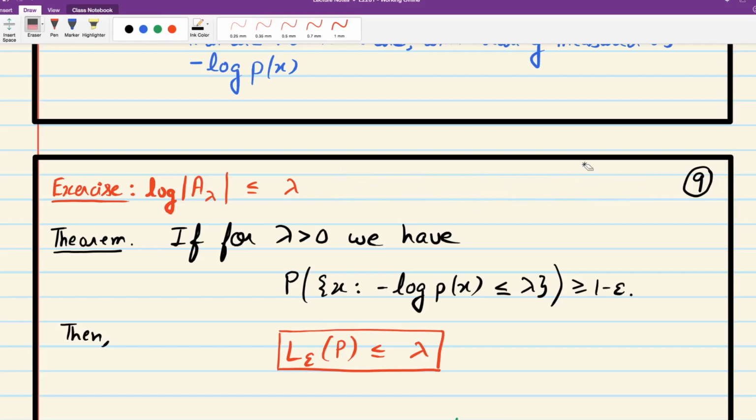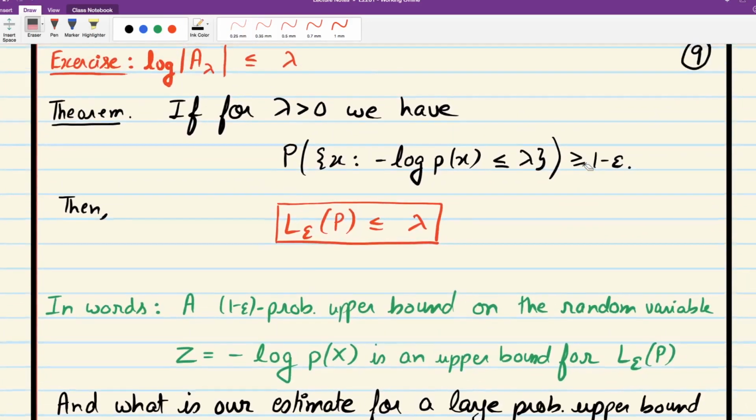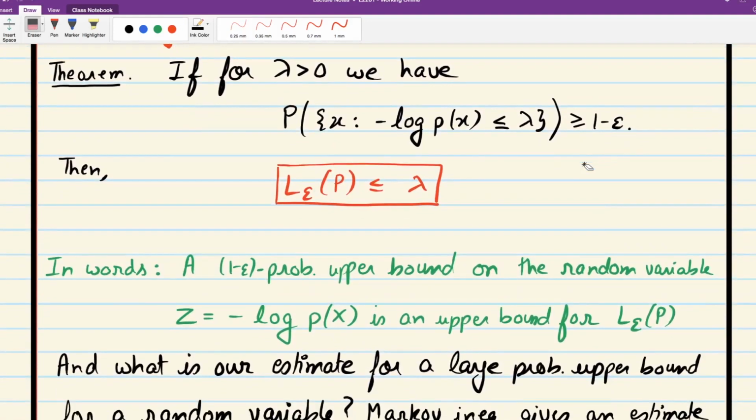Okay, fine. So with this observation, here is a simple theorem, simple to state, but very interesting. It gives a nice handle over this L epsilon p. For any lambda, if you consider the set A lambda and store the sequences in that set A lambda, suppose that A lambda has probability greater than 1 minus epsilon.